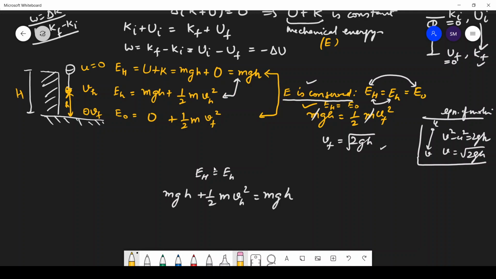So what is the mistake that I am doing here? gh is cancelling out gh, because students, this height is H. So this is capital H and this is capital H. So this was capital H here and this was capital H here.